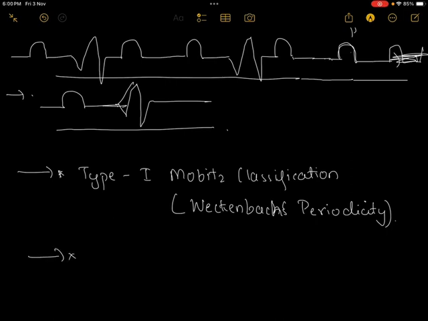Now the second type of second degree heart blockage is type 2 Mobitz classification.